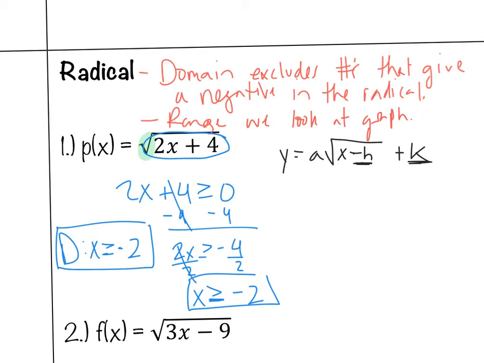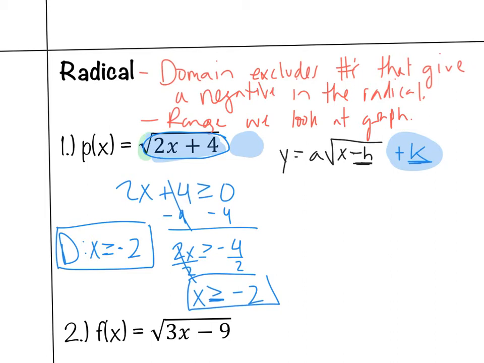So you can easily see if the range changes by if there is a change out here vertically. If you look at this particular equation, there is no k value, so it has not moved up or down at all. It's 0. And if you put it in your graphing calculator, you'll see that the radical starts at a y value of 0. It has not been shifted up or down.